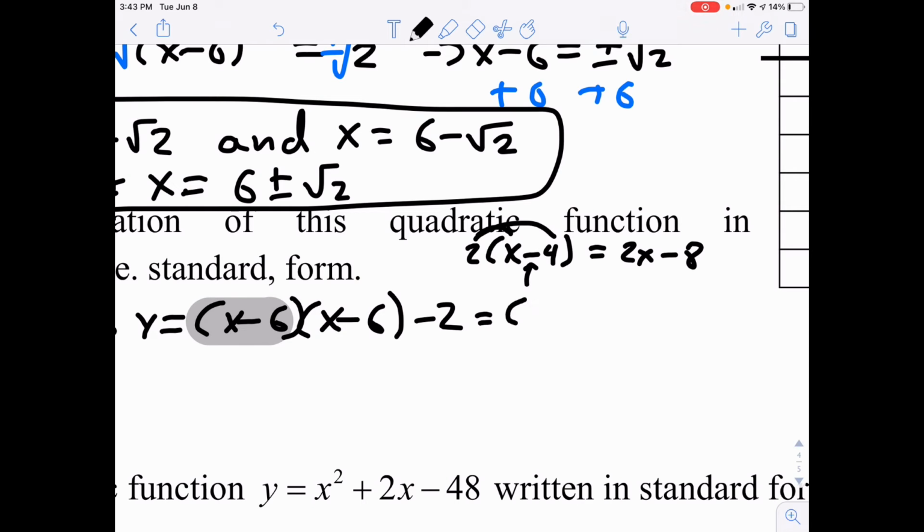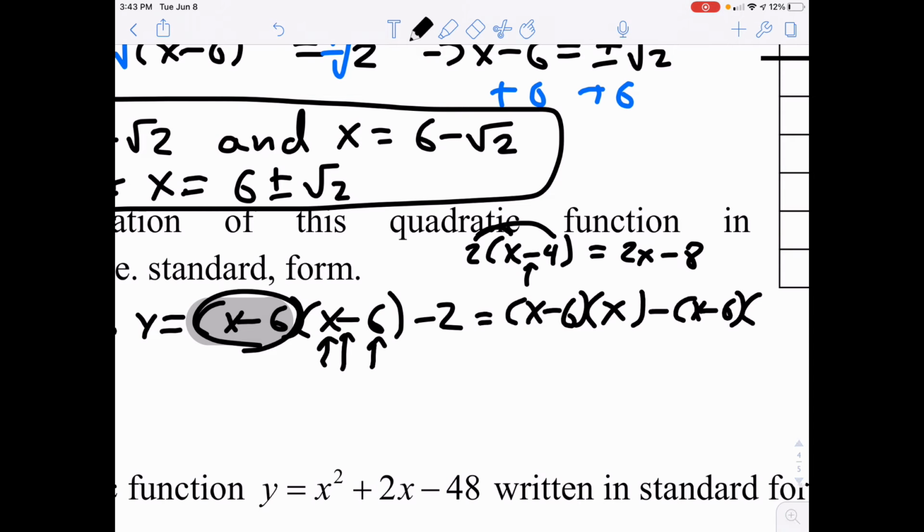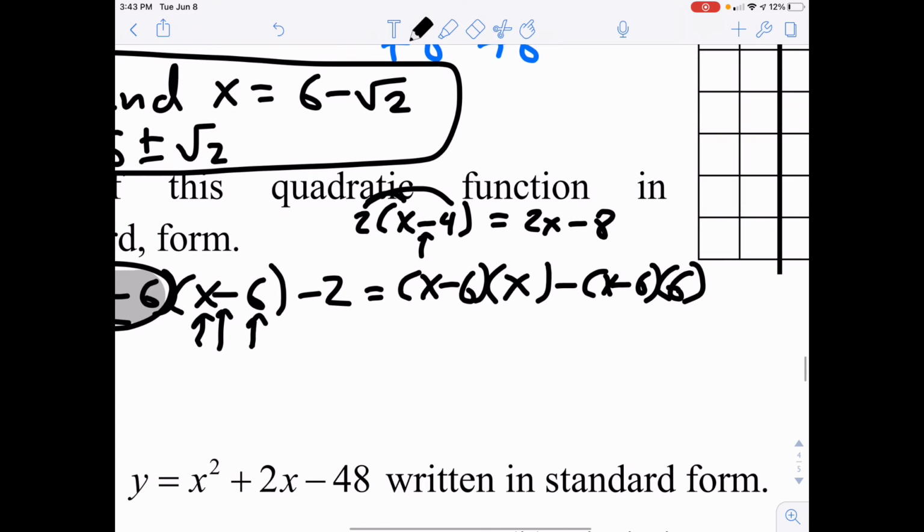So I'm going to write x minus 6 times x, minus, again, I'm going to write x minus 6, and then the 6, the second term. So I just distribute the x minus 6 to both of these terms here.